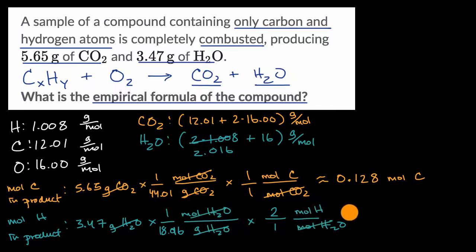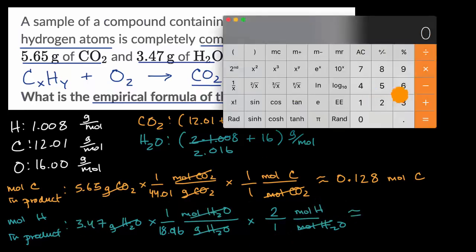And so this is going to be equal to, I'll take my 3.47 grams of water, divide it by how many grams a mole of water, what its mass would be. So divided by 18.016. This is how many moles of water I have.